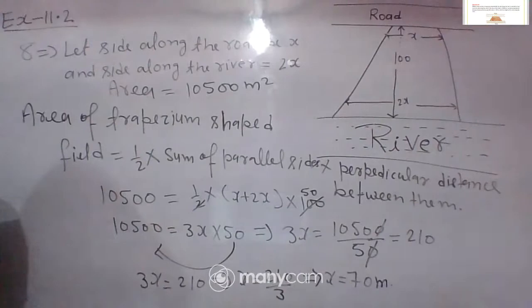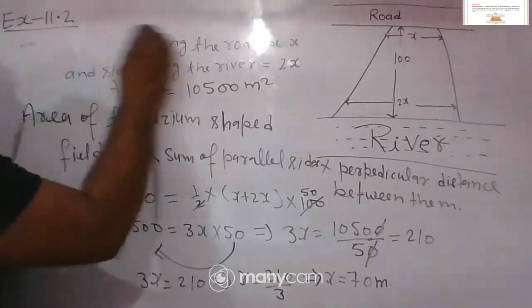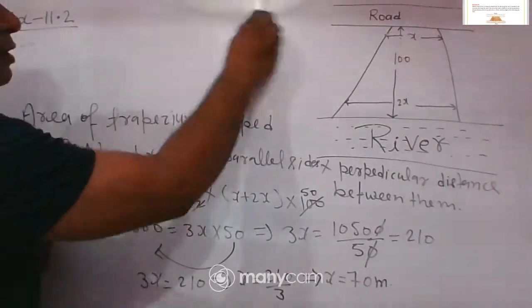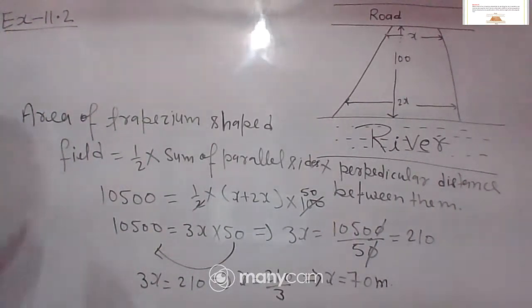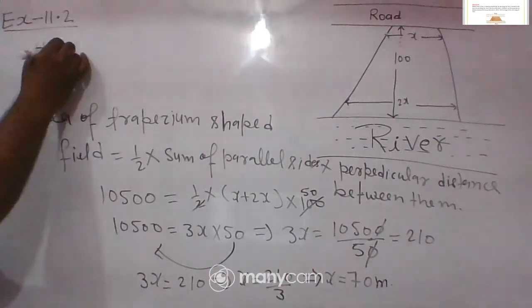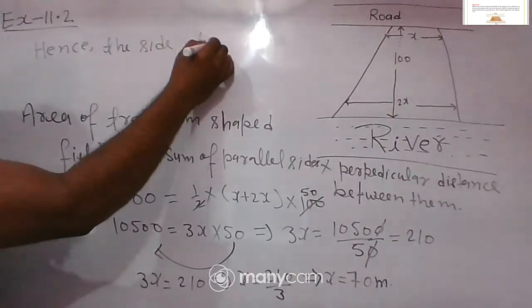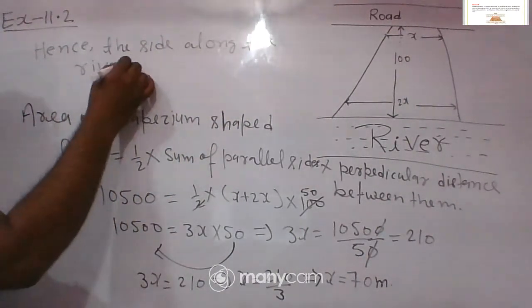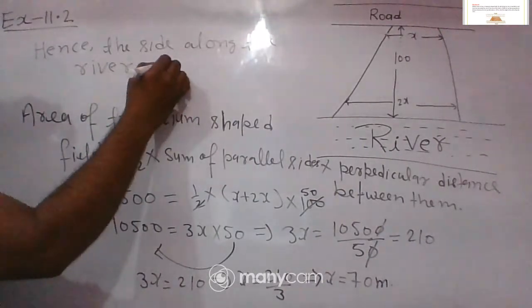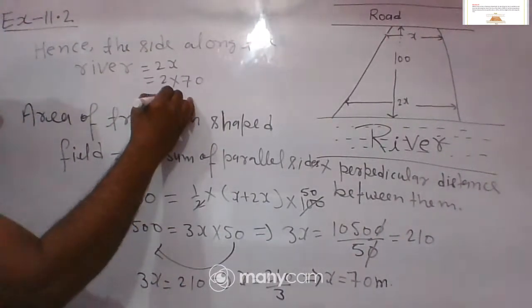At last we can write: hence, the side along the river is equal to 2x, is equal to 2 into 70, is equal to 140 meters.